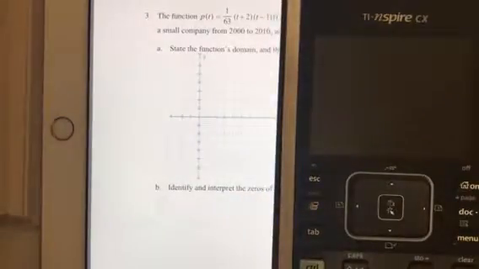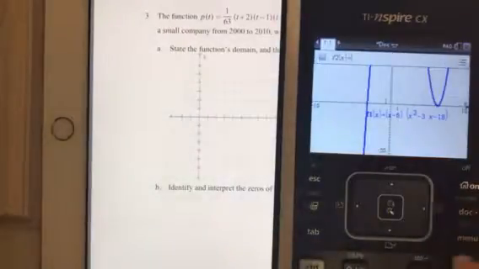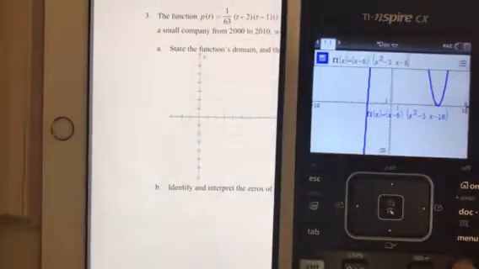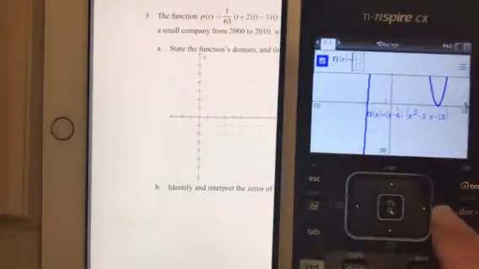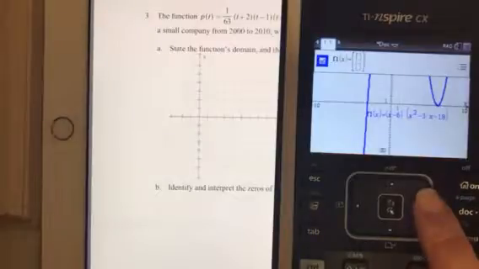Let's see if my calculator's still working. Woohoo! I'm going to enter in my new equation.